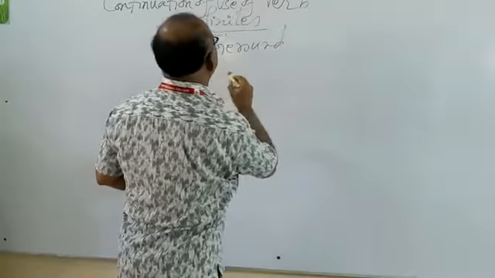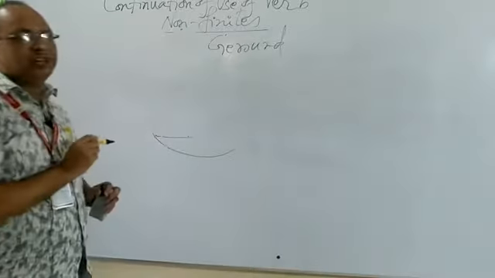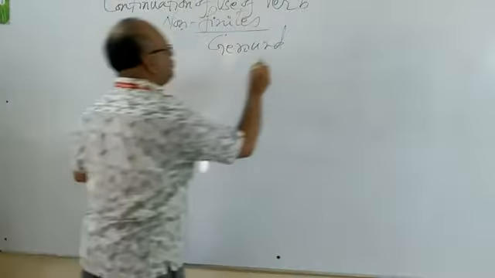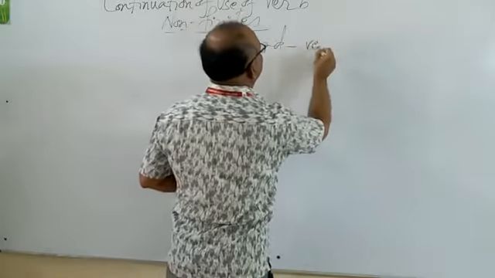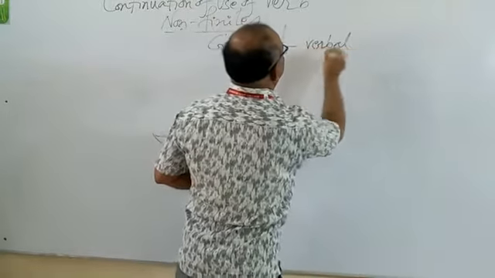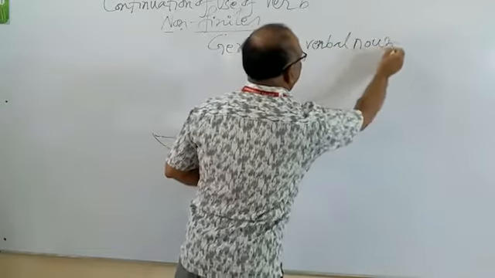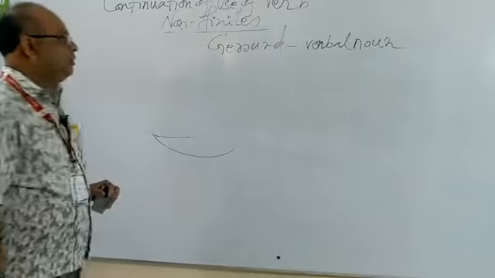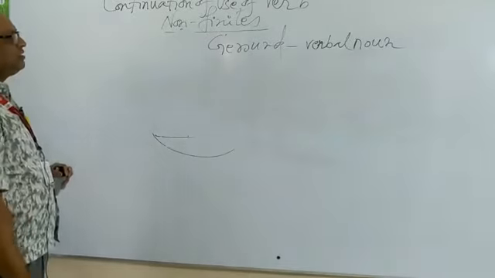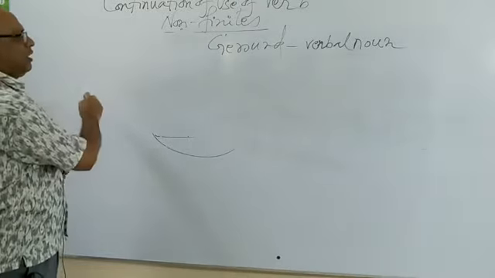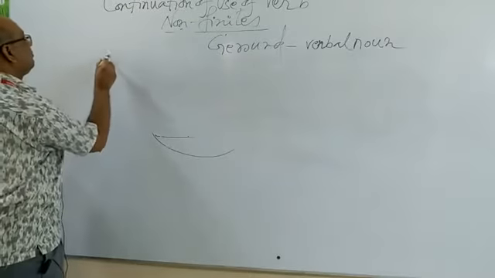Gerund. This is the third kind of non-finite, and it is also called verbal noun. And in one of my classes I showed you an example. I repeat that example.